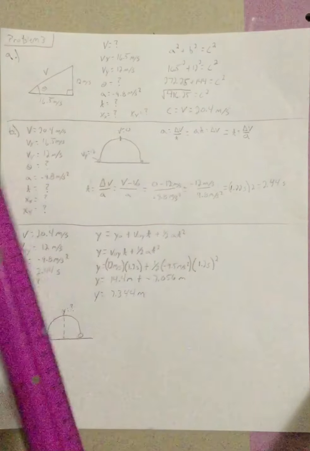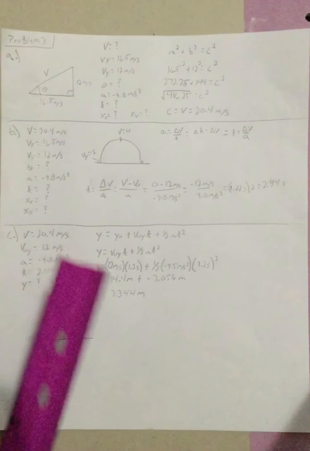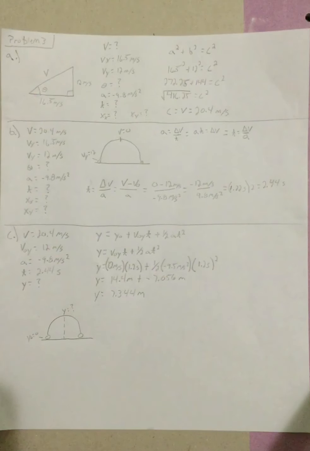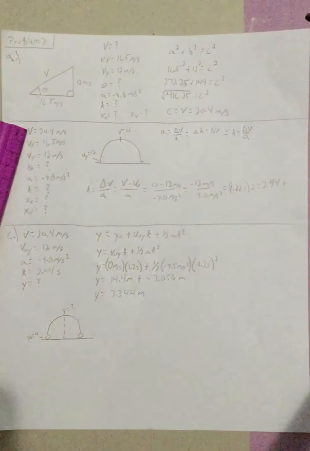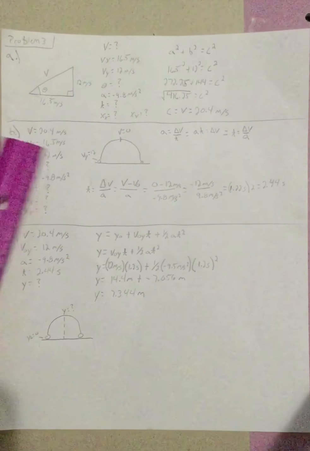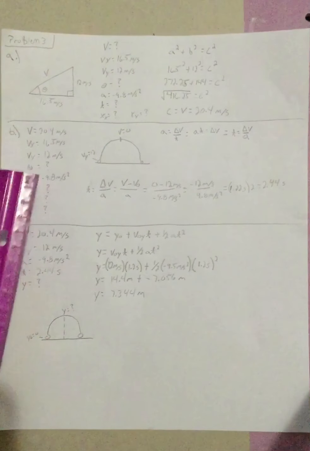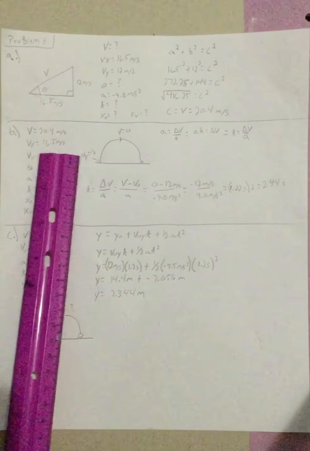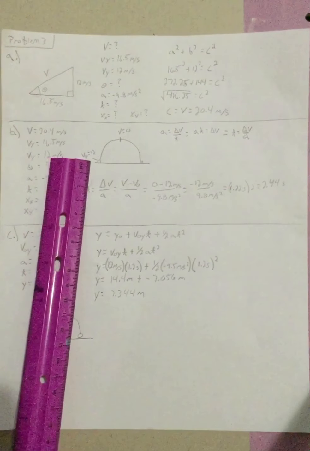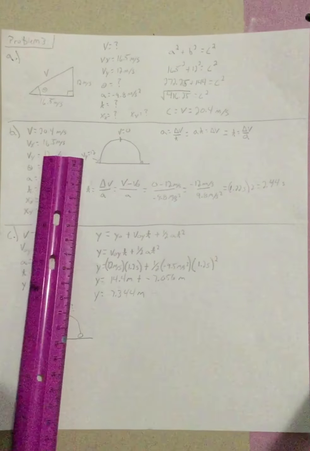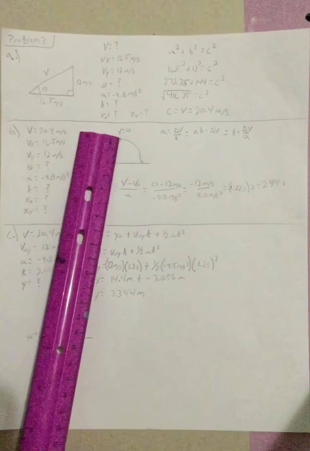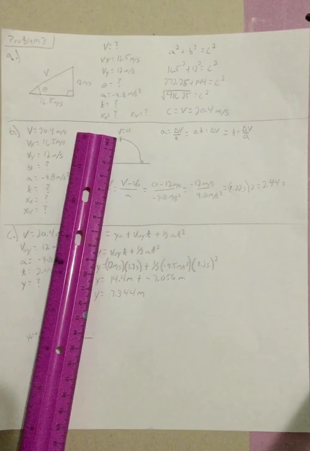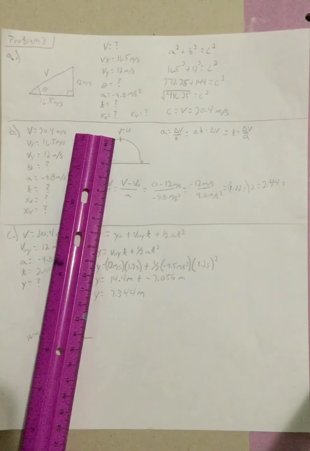per second. And then for part B, they are asking for the time that the ball is in the air completely. We can then add this velocity of 20.4 meters per second as our known, but we really don't need it because we're more or less dealing in the y direction. So we know that our initial velocity of y is 12 meters per second, and the velocity at the top, where we're looking for it to end, will be 0.